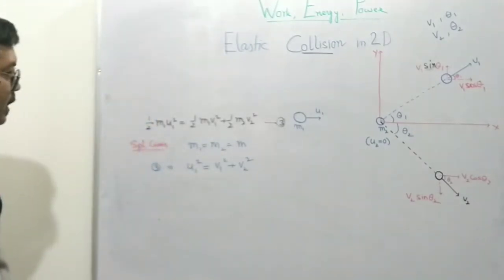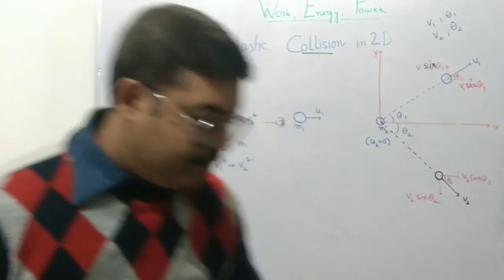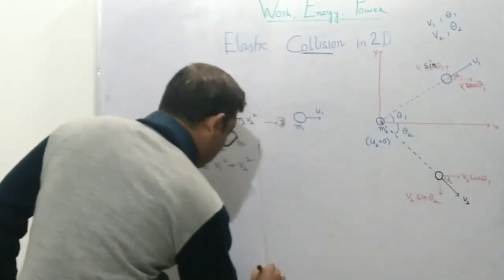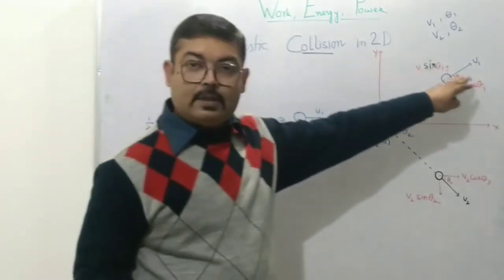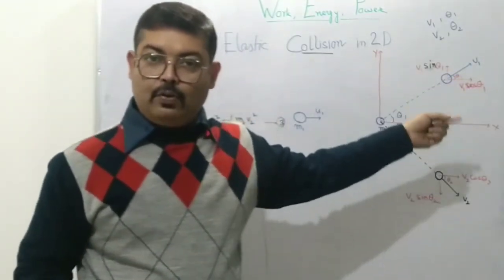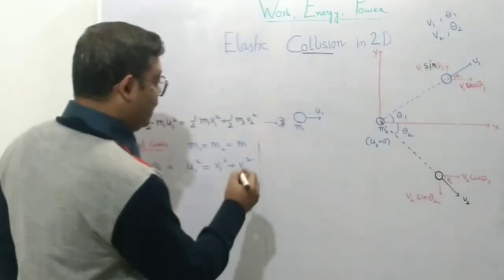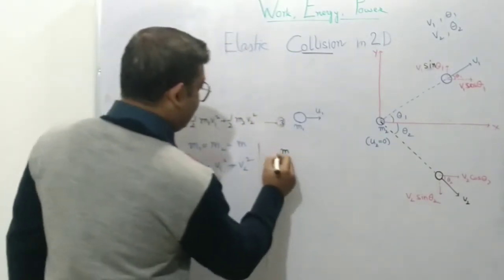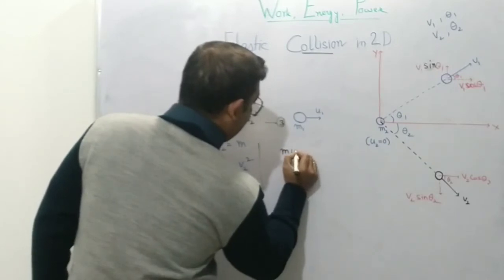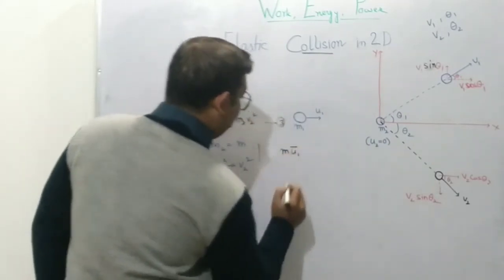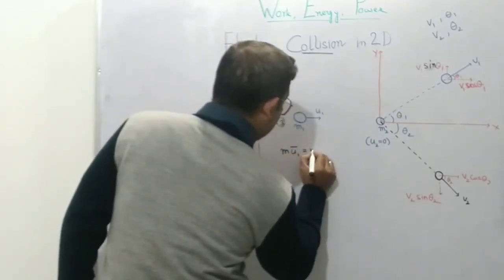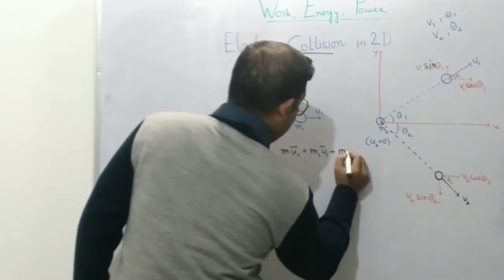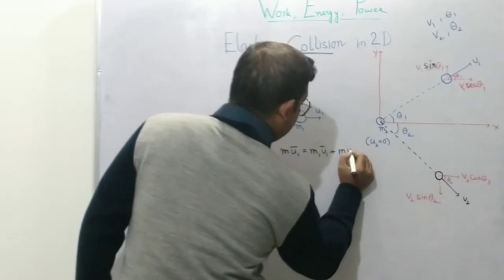Also, if we consider conservation of momentum, we had resolved these components to find two different equations. If we consider vector terms, then we must have M1, that is M, times vector U1 equal to M1 V1 plus M2 V2.